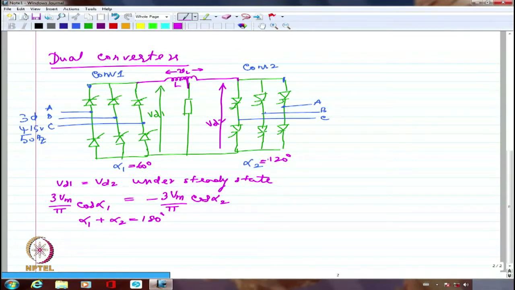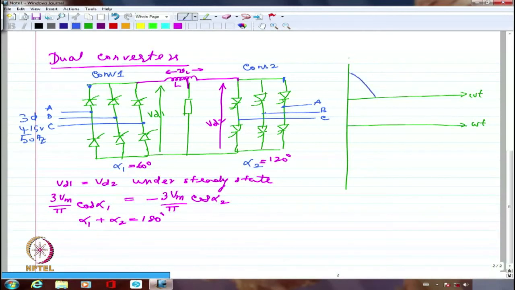Now, let us try to first of all recall the waveform, what we drew last time also. So this is, I am going to draw with respect to 60 degree firing angle. So I hope that you remember already, this is the way the 60 degree firing angle waveform would look like. This is how it will be.